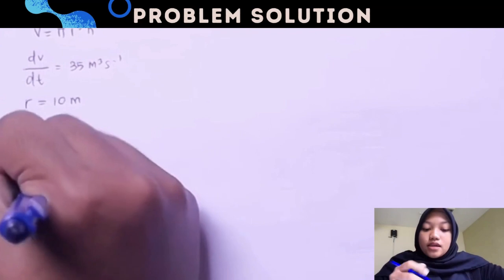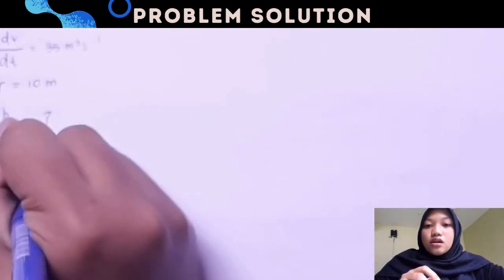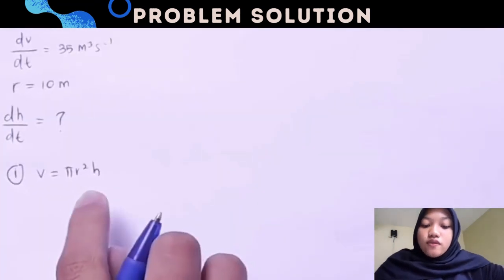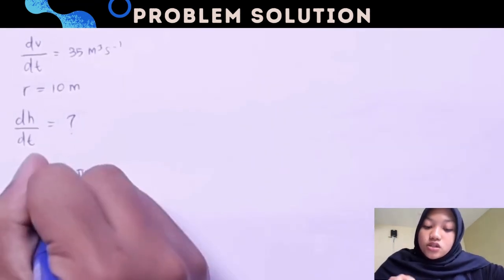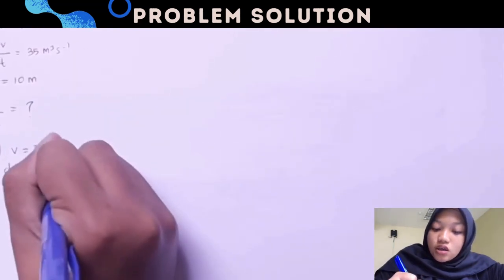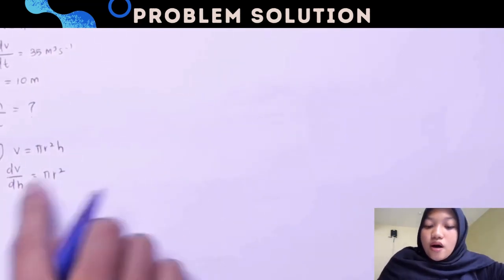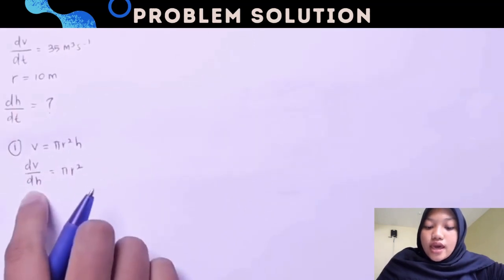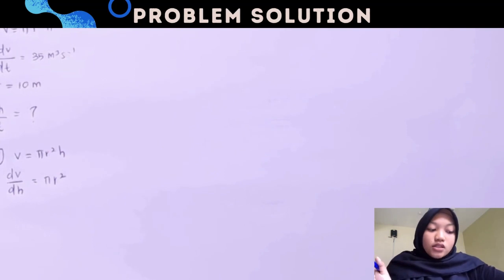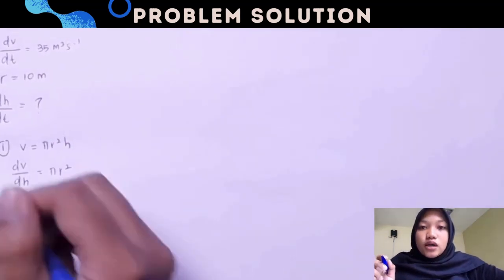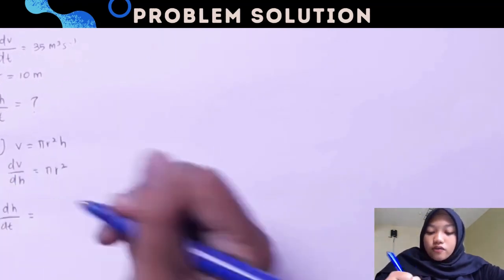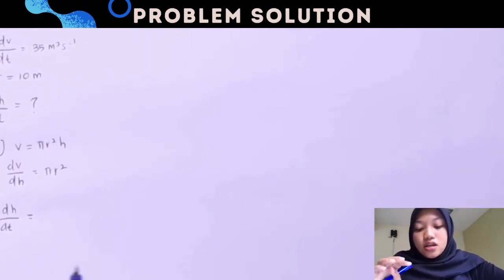The first step is to differentiate the formula V equals pi r squared H. After we differentiate, we will get dV over dH equals pi r squared. The next step is to find dH over dt. How do we find dH over dt?